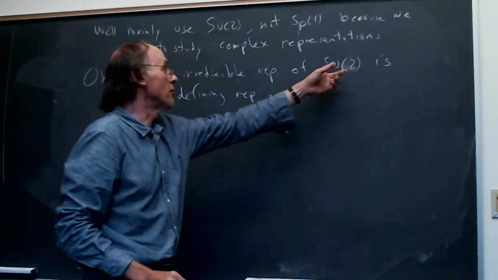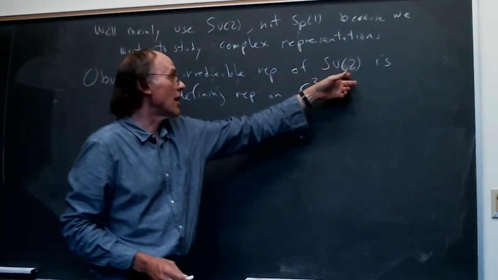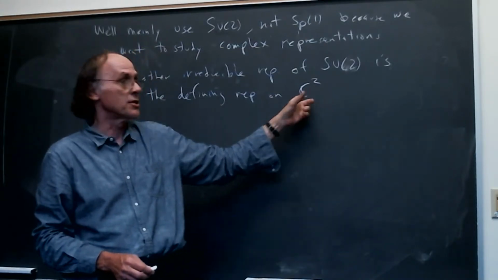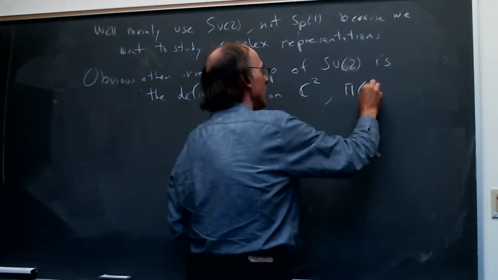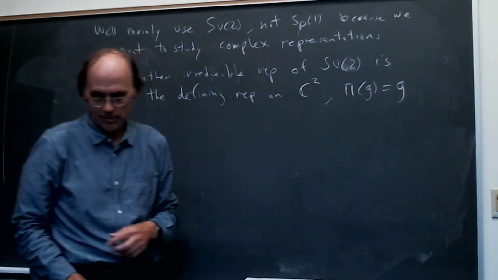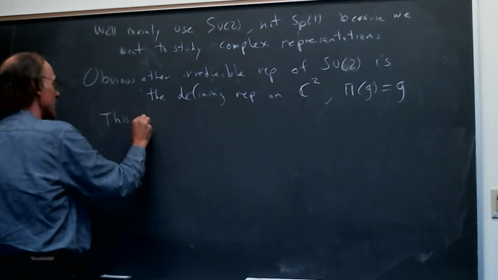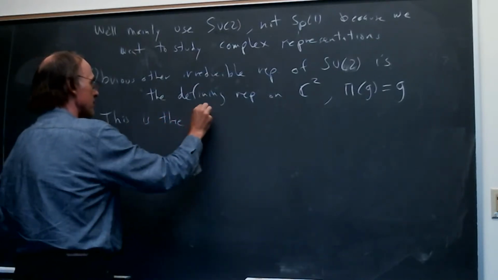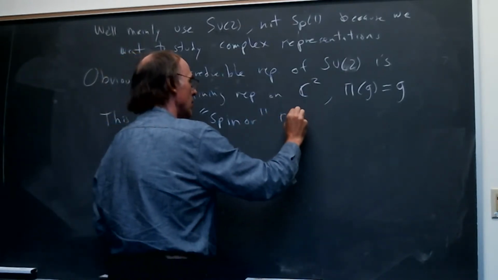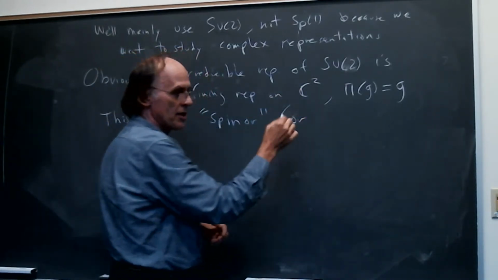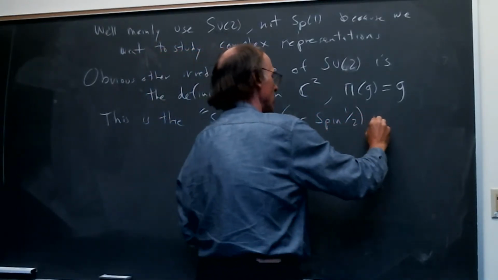You're realizing these elements of the group as 2x2 matrices, and complex 2x2 matrices operate on C2. In other words, pi of g is just g. That's what I mean by defining representation. And this is called the spinor representation. We'll see later that it's also sometimes called the spin 1/2 representation.